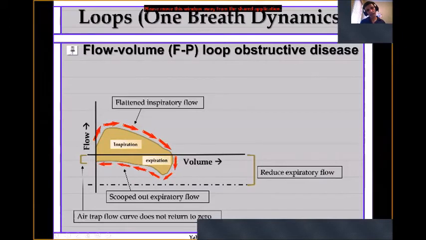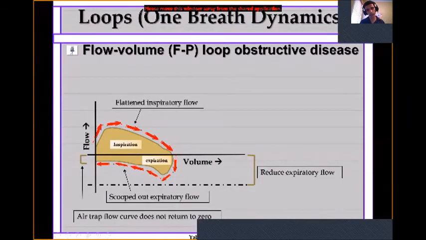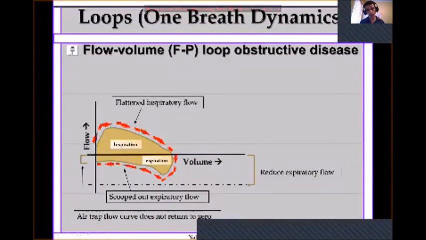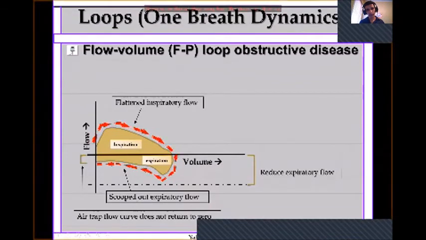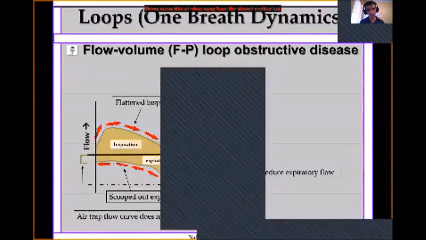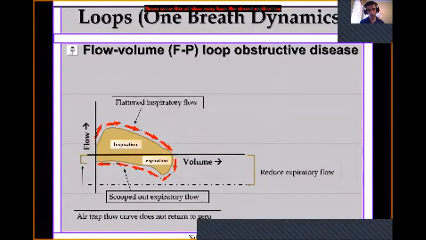And you can see that your flow does not go back to the zero. So these are three signs of obstruction: blunting or flattening of the inspiration, scooping of the expiration because there is a reduction in the expiratory flow, and the curve is not returning to the zero.